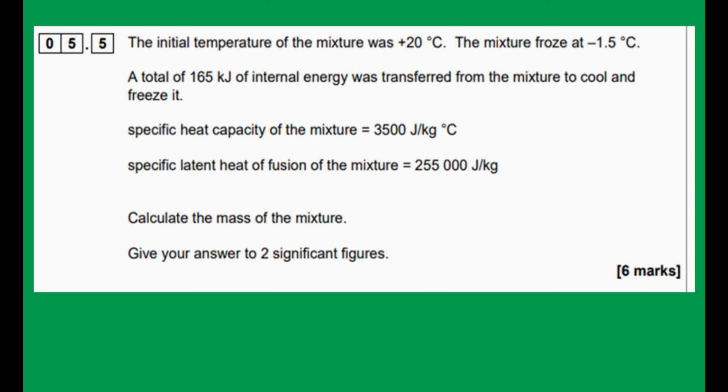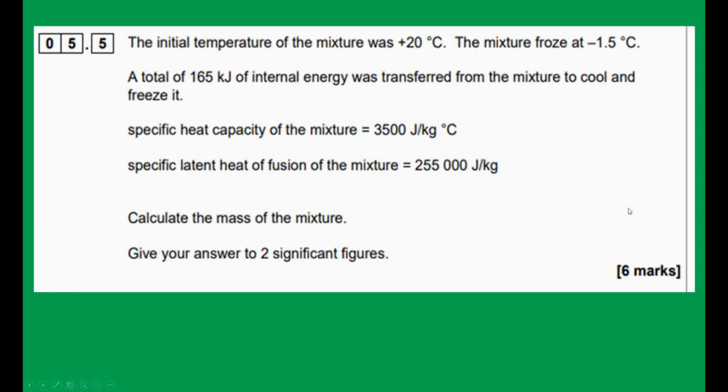You can get 3, 4, 5 marks with this and still get the wrong answer. So for instance, for this one, just getting the change in temperature would get you a mark. So don't leave them blank. Give them a go. So let's try, to the best of your ability, to get that mass now. So pause the video here.